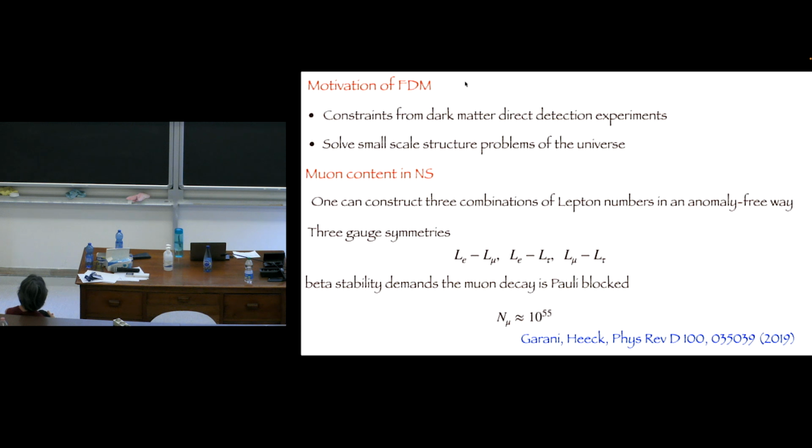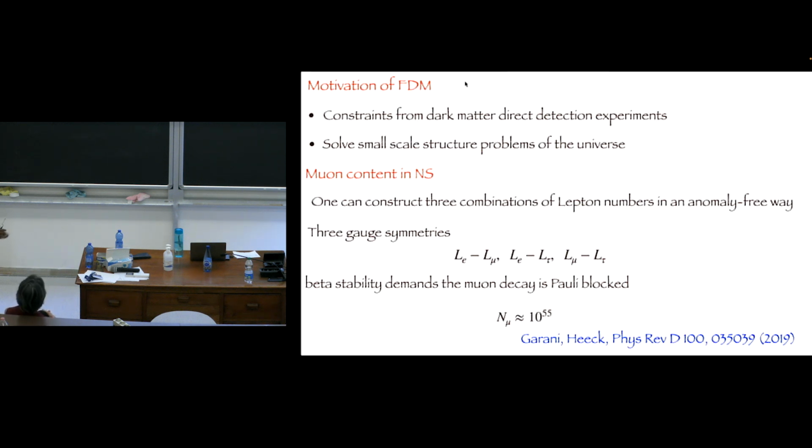That was calculated by Garani and Heeck, and they calculated that for certain equations of state you can get the number of muons of order 10 to the power 55, compared to the typical nucleon number, which is 10 to the power 57, okay?